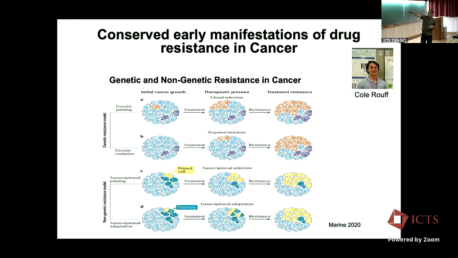In both cases, you have the concept of pre-existing resistant cells, pre-existing mutations, and mutations that are induced or selected upon treatment. Same thing with epigenetic resistance: you may have some primed cells that already are resistant, or sister cells, and you may have some plastic cells that become resistant upon treatment.